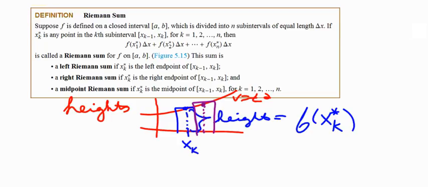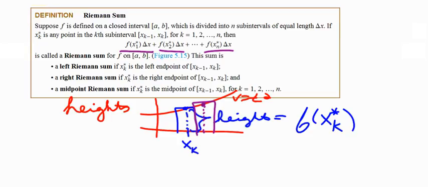And if you notice, we have a lot of different notations, but here is one area for the first rectangle. It's the height times the width, plus the height times the width of the next rectangle, plus, and we keep going until the last rectangle. We're going to keep adding these and summing them up to total the area under the curve.